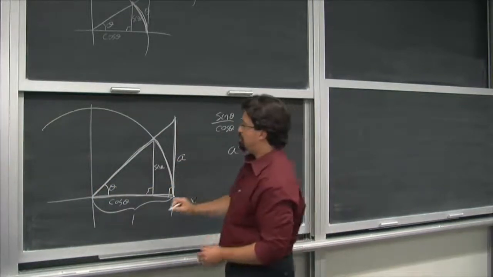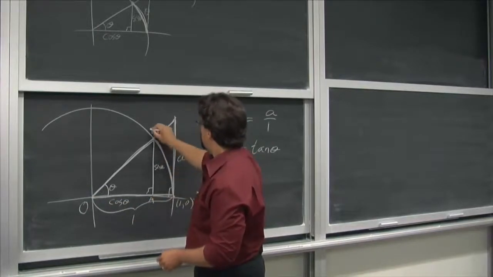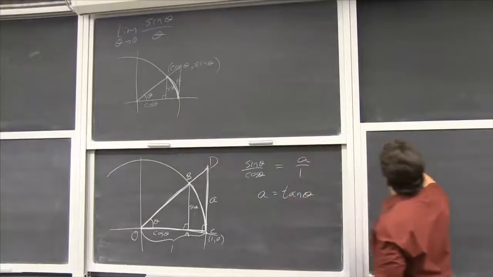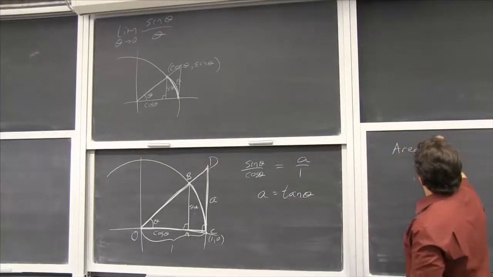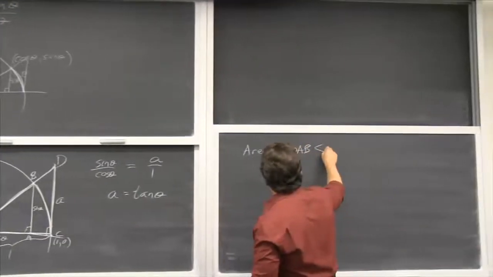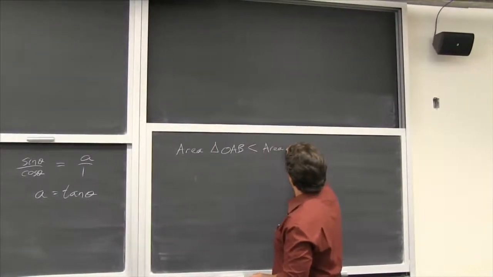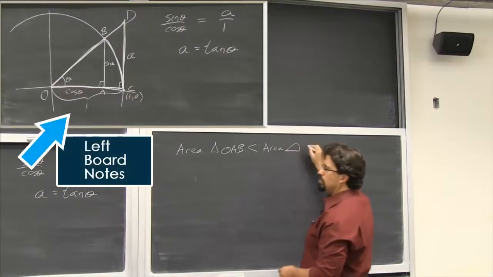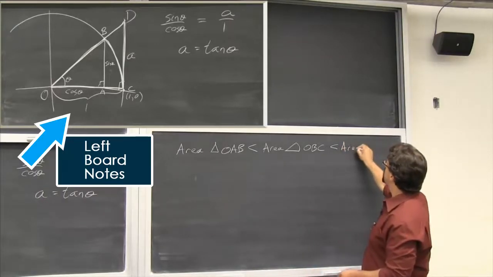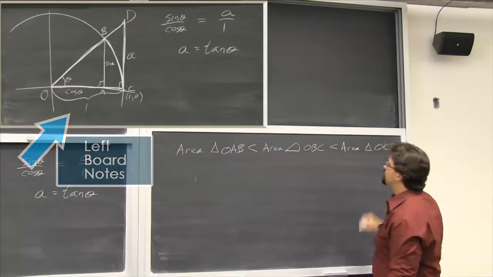Let's label them. This is the origin, this is O, and we'll call these points A and B and C and D. And so the area of the triangle OAB is going to be less than the area of the sector OBC, which is going to be less than the area of the triangle OCD.